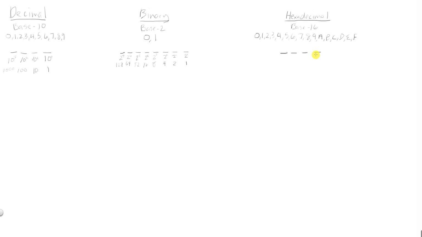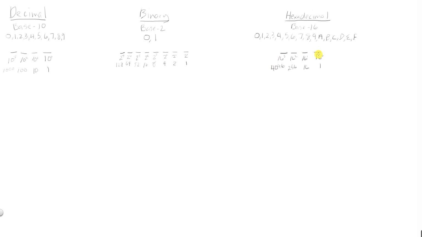Again, they're laid out as it's base 16, so all the place values are powers of 16. 16 to the 0, 16 to the 1, 16 squared, 16 cubed. So what is this? Well, this is 1, this is 16, 16 squared is 256, and 16 cubed is 4,096.